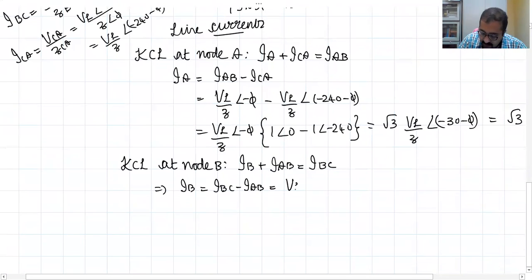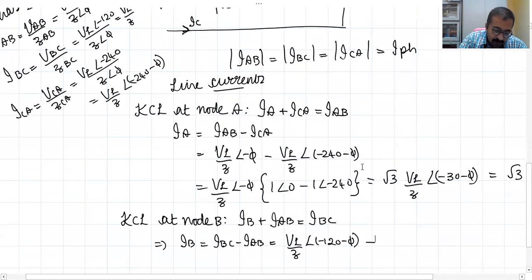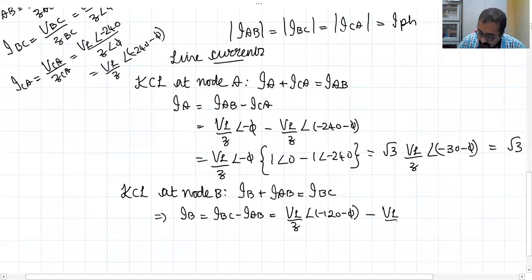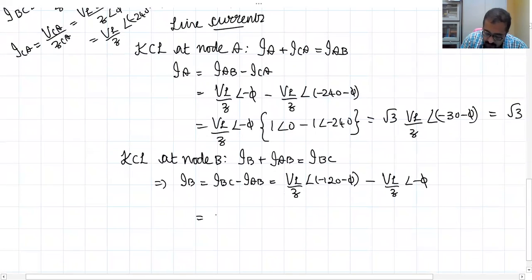So I can write this as VL by Z angle minus 120 minus φ, minus of what is IAB? IAB is VL by Z angle minus φ. Okay, so here again, let me take VL by Z angle minus φ common. What will you get? 1 angle minus 120 minus 1 angle 0. Right?